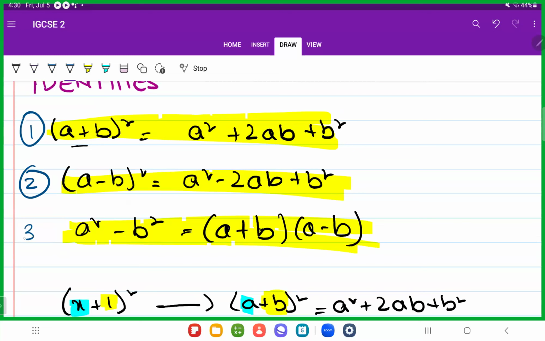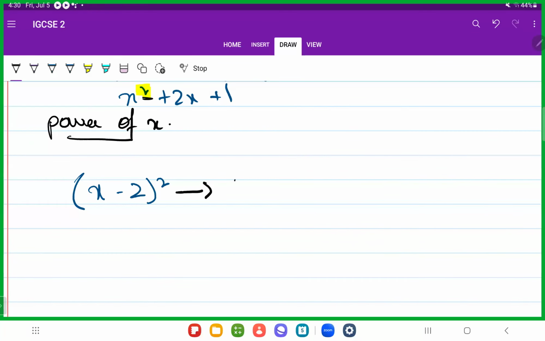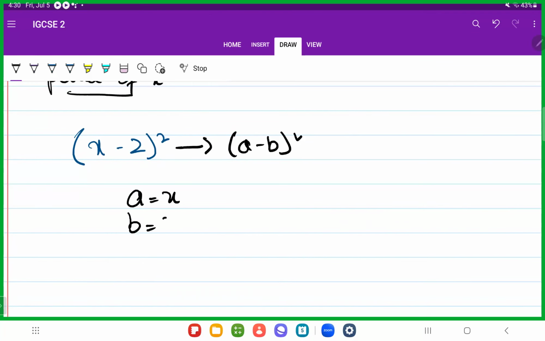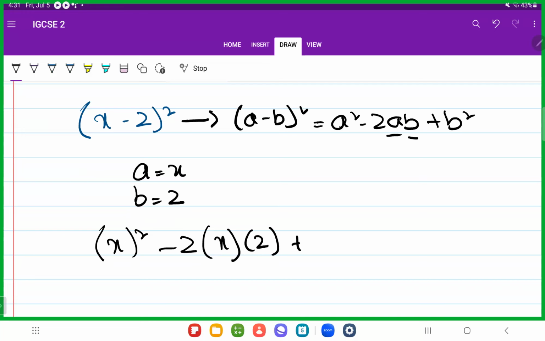So we have to compare it. So a is x, b is 2, right? And this is opened by a square minus 2ab plus b square. So let's fill in the brackets. A square is x square, minus 2, a and b, so a is x and b is 2, plus b square. Did you notice I did not write minus 2 as b?